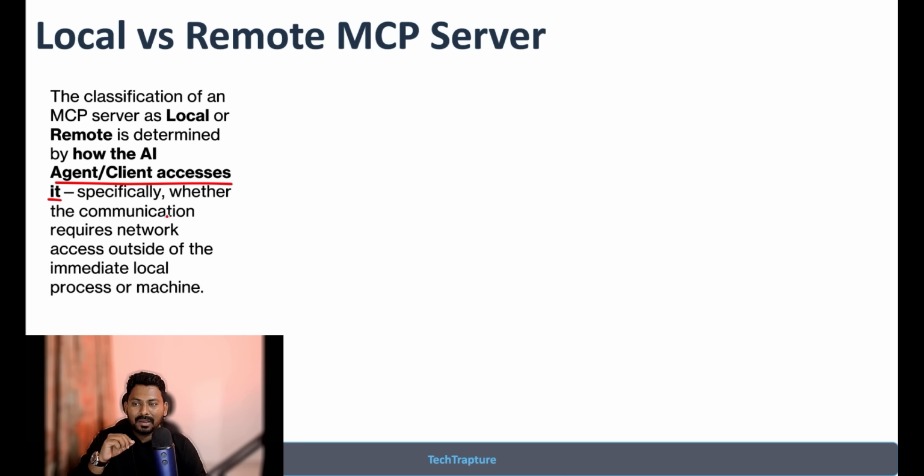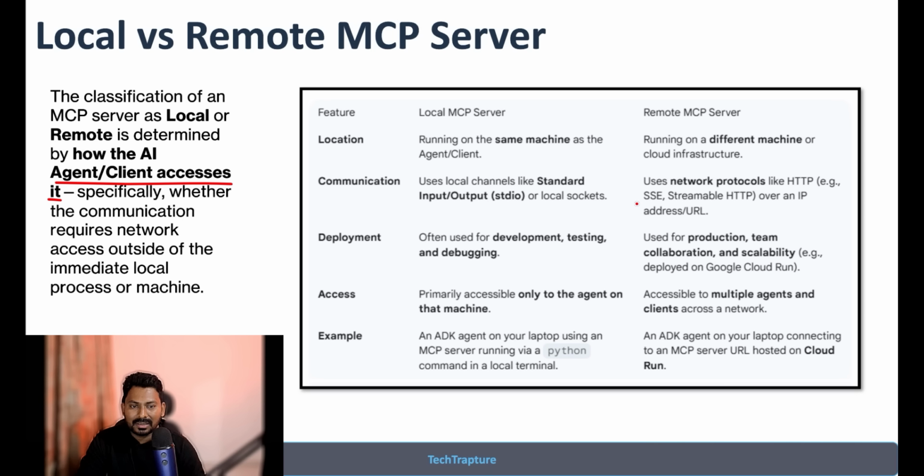If we are using ADK, the Google Agent Development Kit, mostly we wrap it with the MCP toolset or MCP tools, so we will use local MCP servers. I will show an example of remote MCP servers as well. This is the difference, and there are some tables just to differentiate. A local MCP server runs on the same machine as your client, while a remote MCP server runs on a different machine or cloud infrastructure.